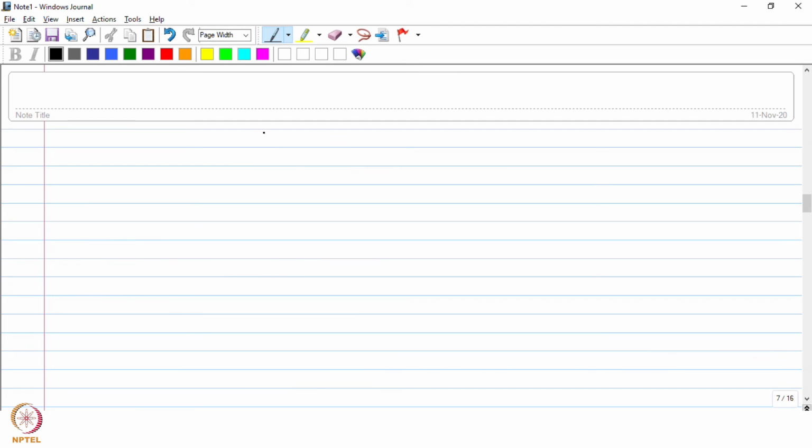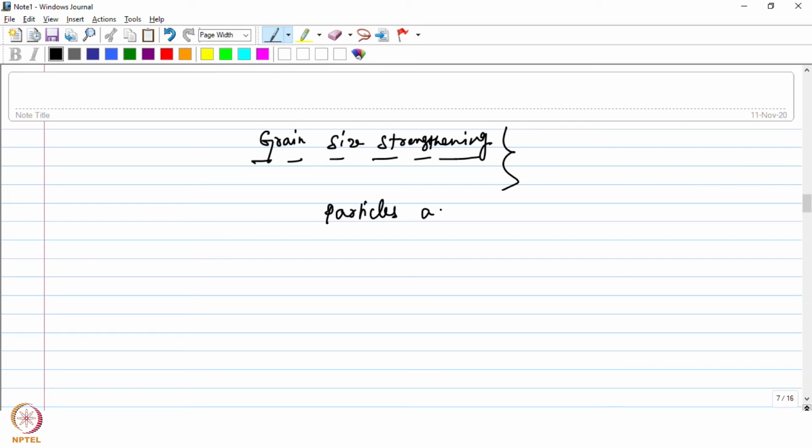A composite can also give rise to grain size strengthening, because the presence of the particles will refine the grain size, since the particles will act as heterogeneous nucleation sites, leading to a higher nucleation rate and thereby grain refinement.